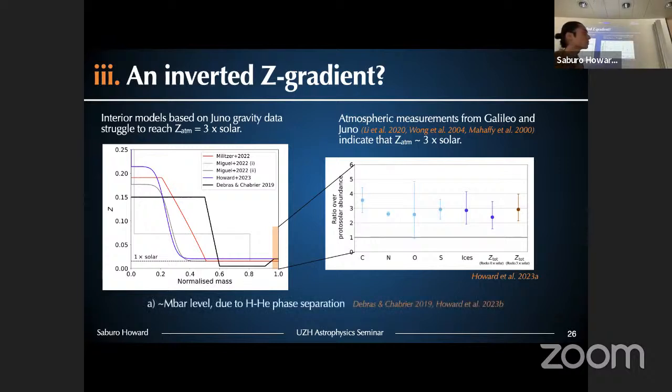The first one was to set this inverted Z gradient around the megabar level, and this corresponds to where this phase separation between hydrogen and helium occurs. And because you have an inner envelope that is enriched in helium, you can unfold some more heavy elements on top and still make sure that it's stable.